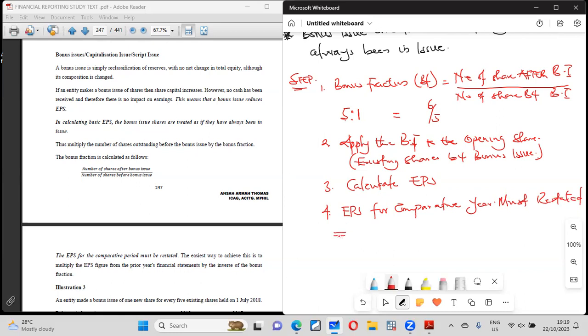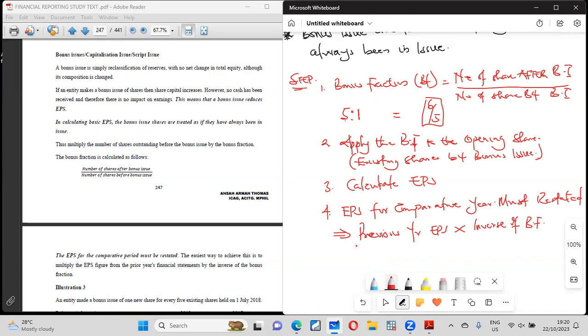You do that by multiplying the previous year's EPS by the inverse of the bonus fraction. Okay, so in this case, the inverse of this one will be what? 5/6, right? So that is that.